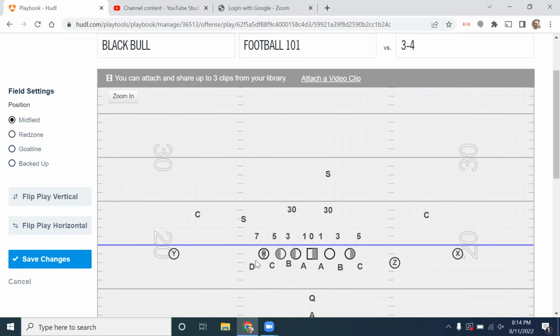If they are in a head up position, like here the zero nose, that's considered a zero. If they are head up on the guards, that's considered a two technique. If they are head up on the tackle, that's considered a four technique.